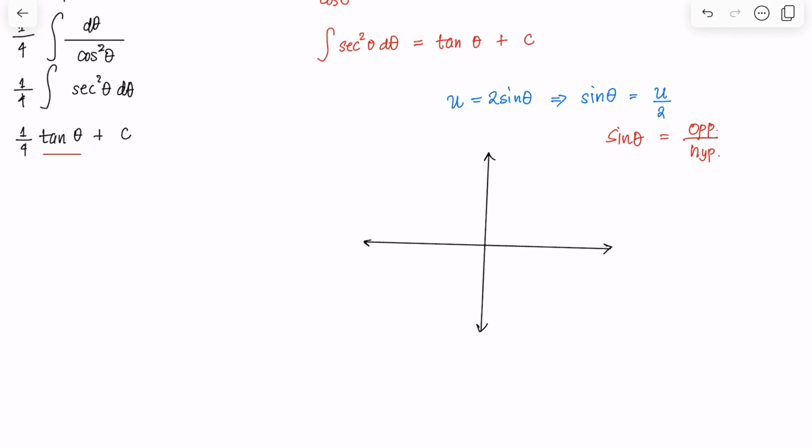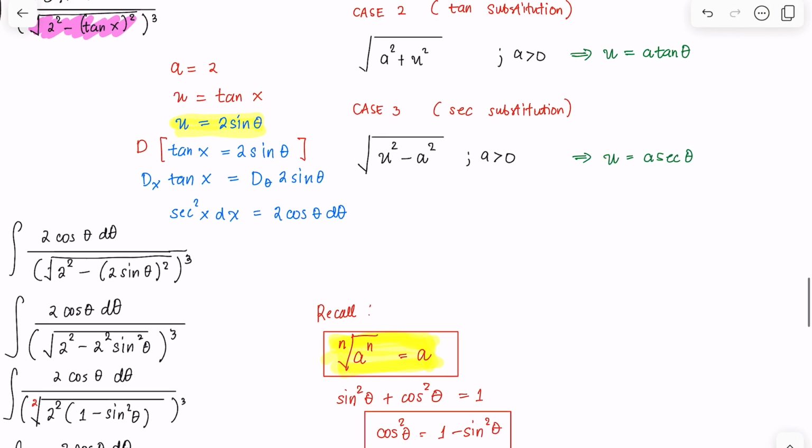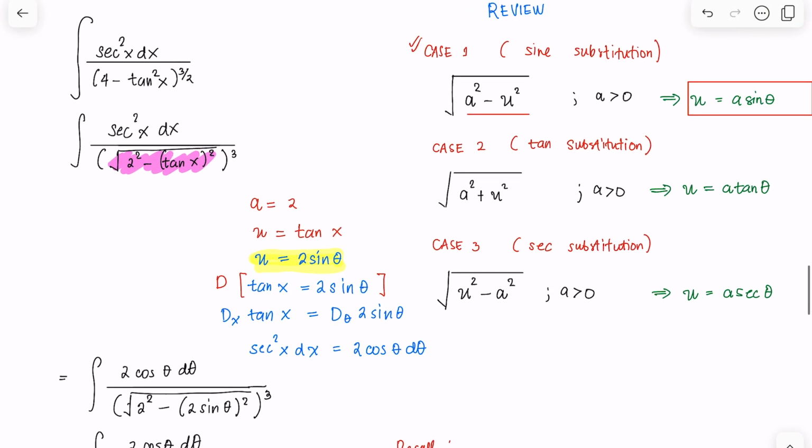Now, if this is your angle theta, arbitrarily, according to u equal to 2 sine theta, this tells you that the opposite would be u over 2. But what is u? We know that u earlier is, based on our expression, actually the tan of x.